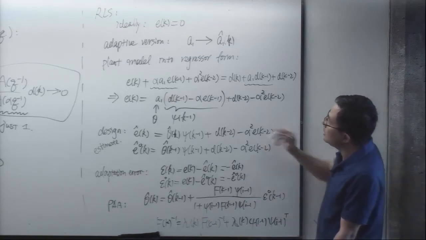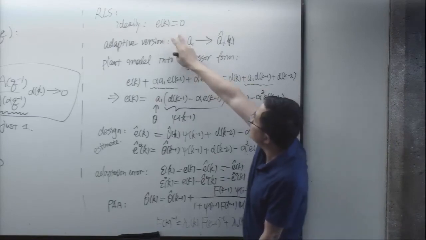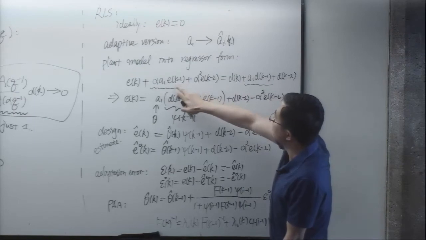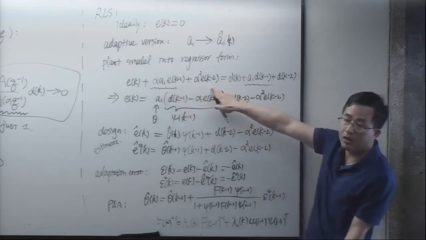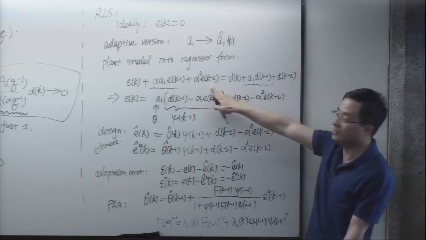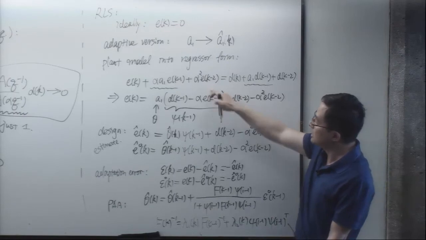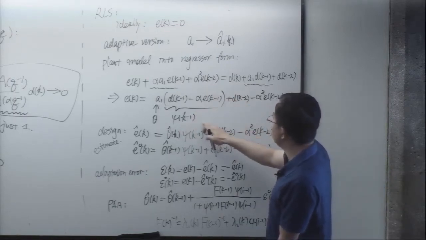Now second, if this is 0 for Ek, then Ek minus 1, Ek minus 2, in the ideal case, are also zeros, right? So therefore, this phi vector is also simplified.